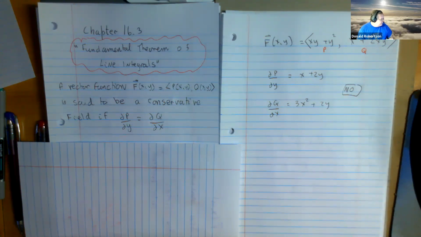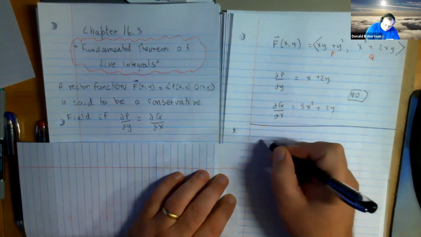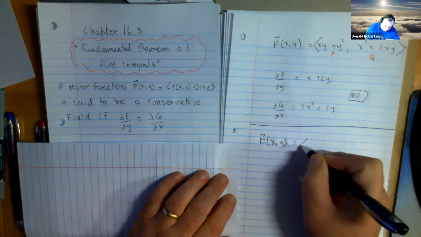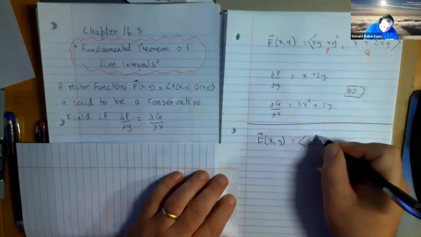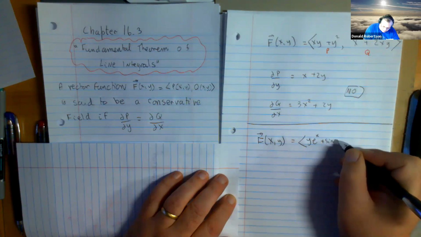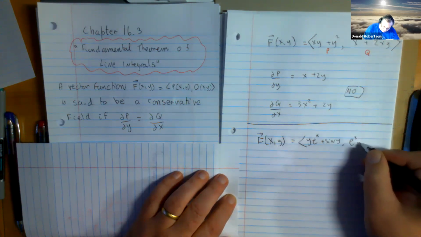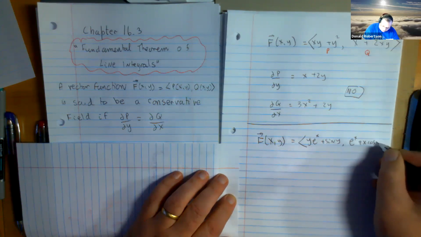Let's see if I can find one which is a yes. Okay, so here is a vector function: y e to the x plus sine y, comma, e to the x plus x cosine y.